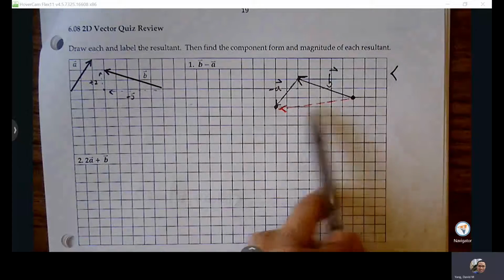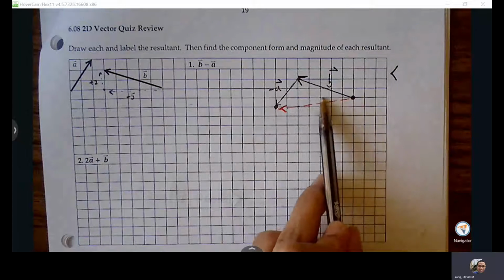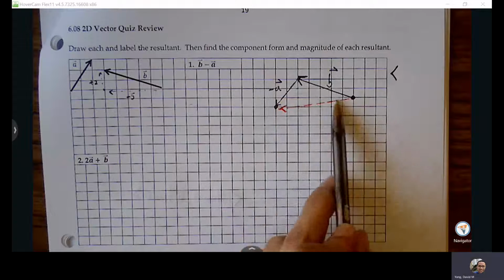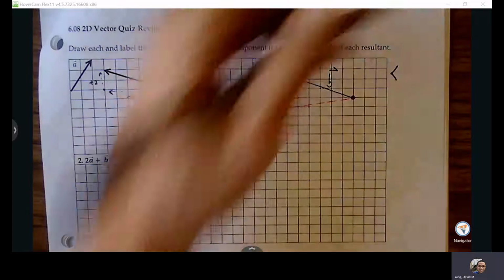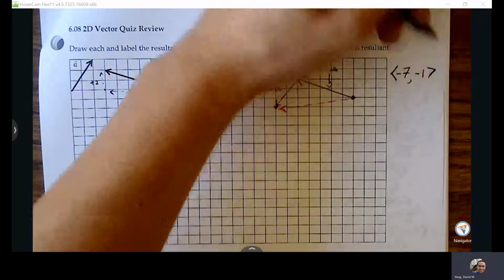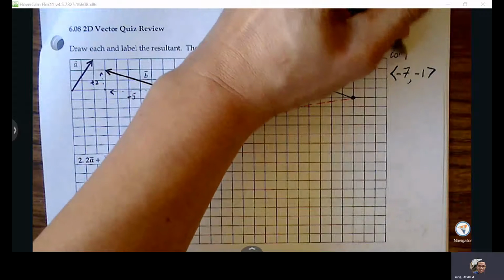So to get from here to here, I'm going to have to go left 7 units and down 1 unit, right? So left 7, down 1. This is my component form for my resultant vector.